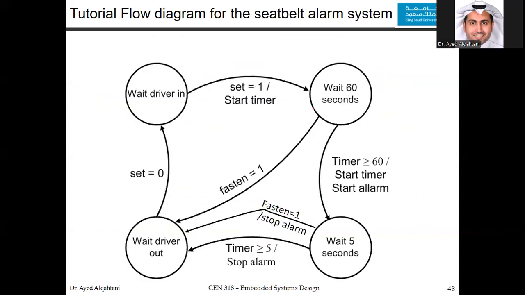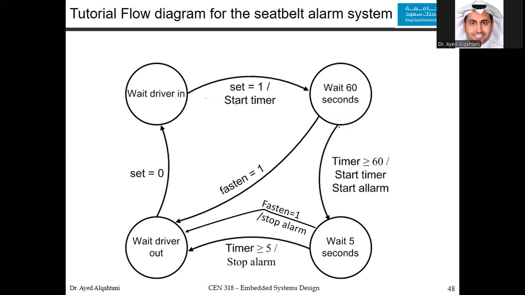So you wait 60 seconds, and if the 60 seconds are expired, you go to the next state, which is waiting for 5 seconds, which is basically for the alarm. This is why when we move from here to here, we start the timer, because we want to count 60 seconds.